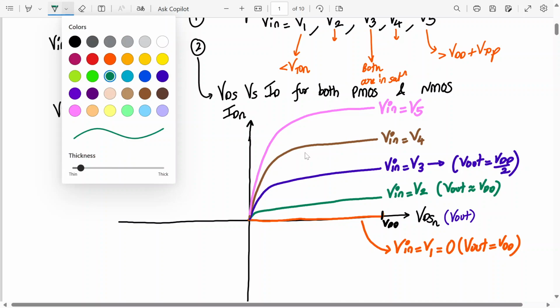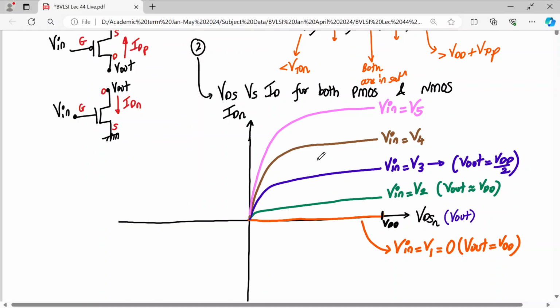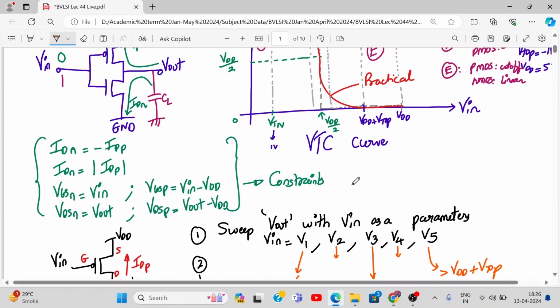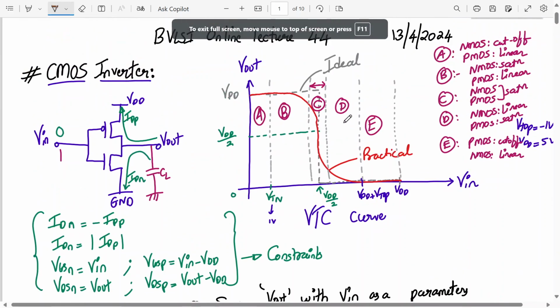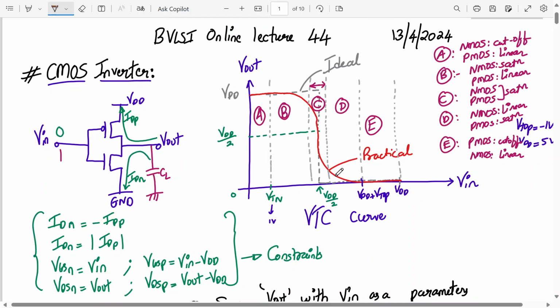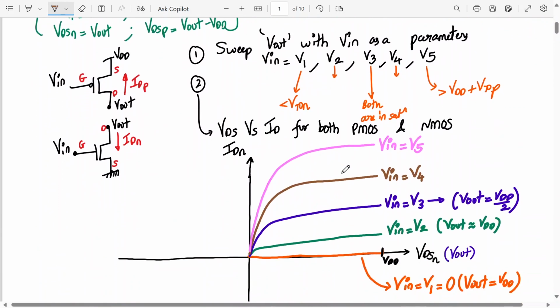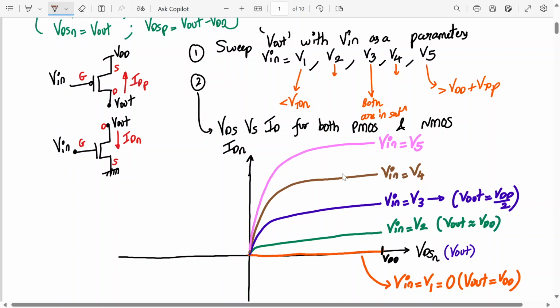What about V4? Let's search for the V4 point. V4 is somewhere around in region number D. In region number D, the V out has fallen to a very low value. So somewhere around here we have V in equal to V4, where the output is just above 0. So V out at V4 is just greater than 0, about 0.